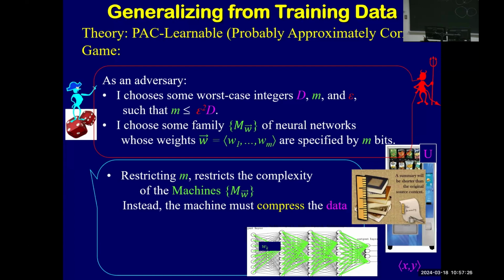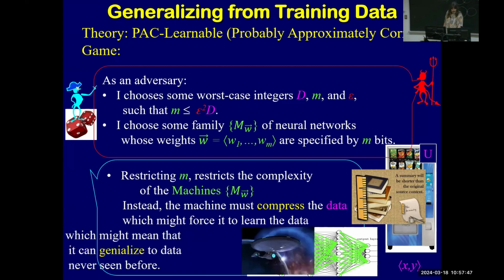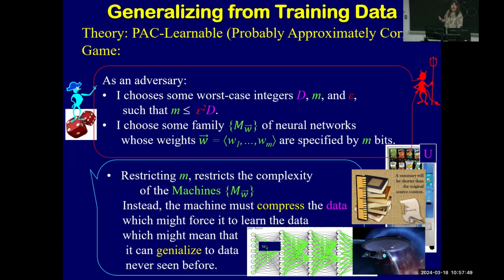Suppose I could take 1 or 2 pieces of paper to the exam with me, what would I write on them? The process of compressing all the information into 2 pages actually helped me learn the course. So compressing forces you to understand the data so that maybe you can generalize. Does that make sense?